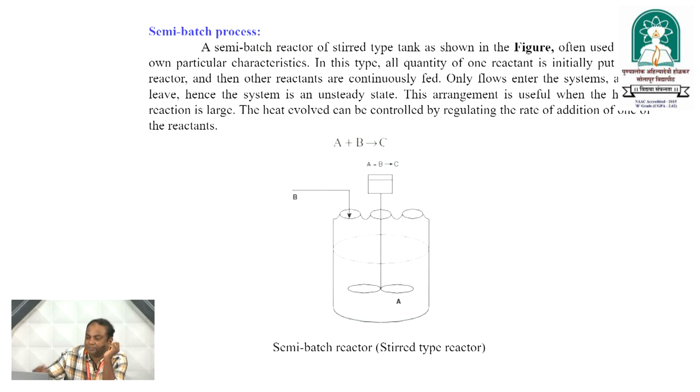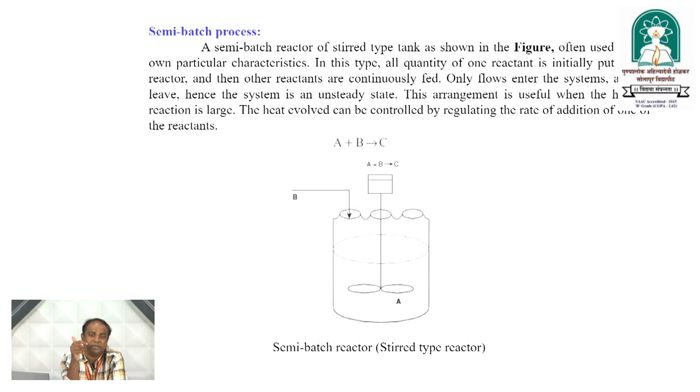The second one is the semi-batch process. In the semi-batch process, we allow a feed material to enter into the system. This feed material may remain in the system constantly, but at the same time we allow another feed material to enter the system continuously.